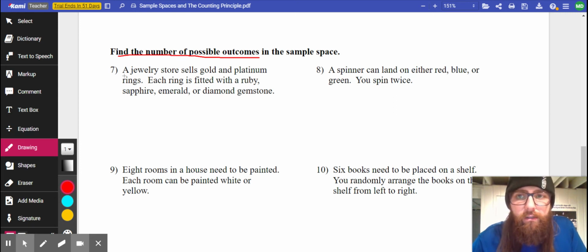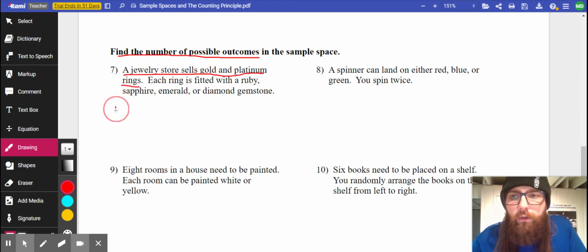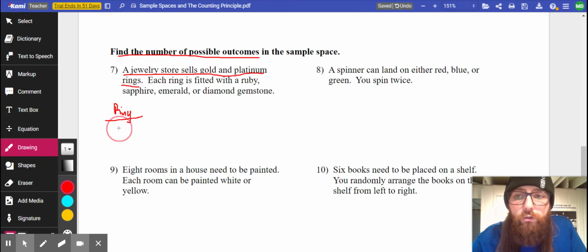So the first sentence is my first category. A jewelry store sells gold and platinum rings. So category number one is, what type of ring do you have? And I can have gold or platinum. So I have two options of rings.